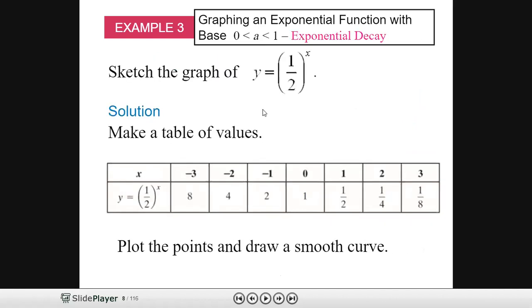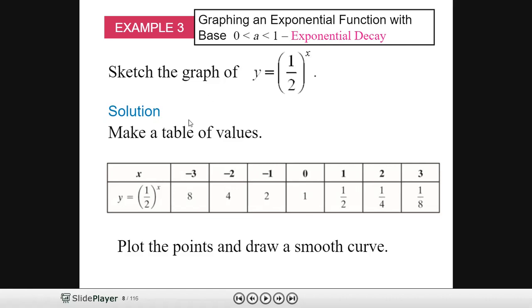Okay, now let's see graphing an exponential function with a lying between 0 and 1. So look at this, sketch the graph of this function. It's a fraction because a lies between 1 and 0, it cannot be equal to 1. But anyhow, it's a half raised to power x.